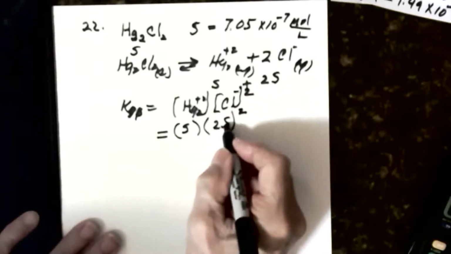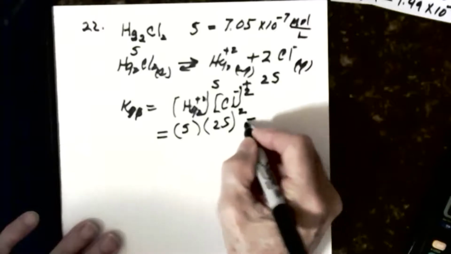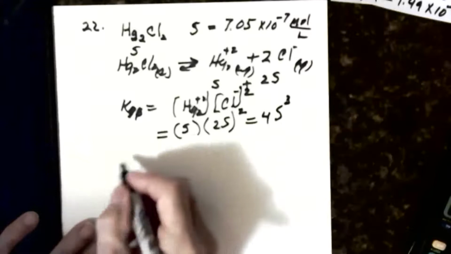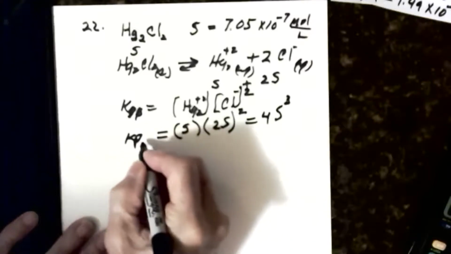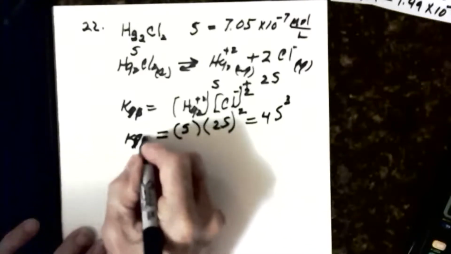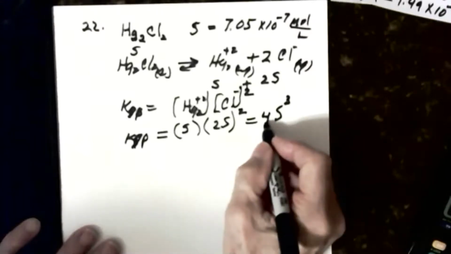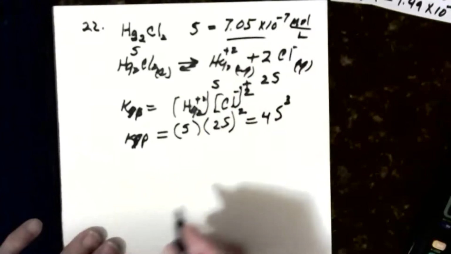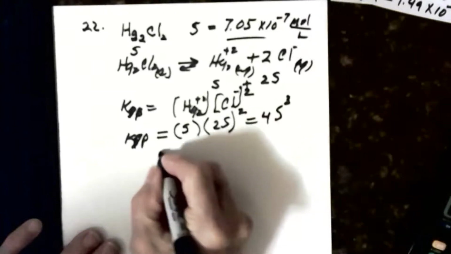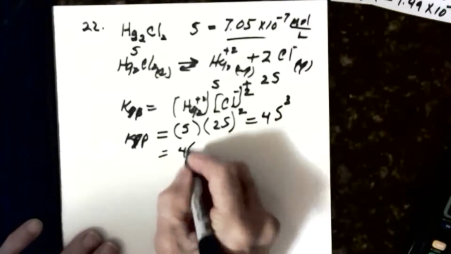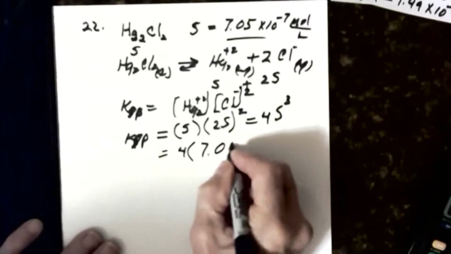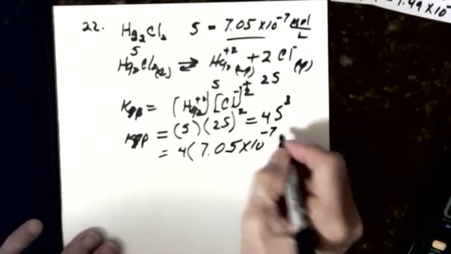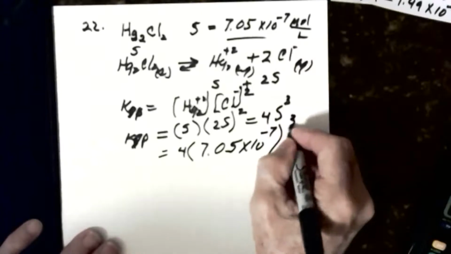Squaring this is 4S squared times S. This is going to be 4S cubed. So the KSP I can calculate from just multiplying 4 times the cube of the solubility. So it's going to be 4 times 7.05 times 10 to the negative 7th cubed.